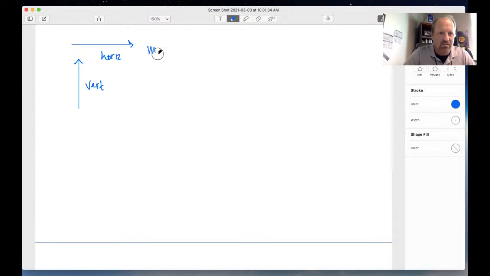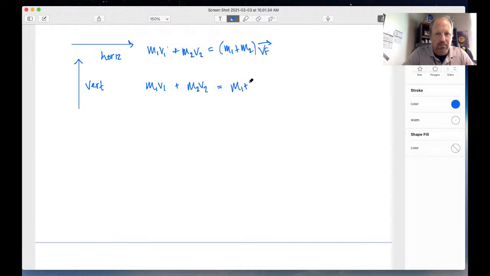So m1v1 plus m2v2 is equal to m1 plus m2 times v final together horizontally. And then over here, we're going to say m1v1 plus m2v2 is equal to m1 plus m2 times the v final vertically.